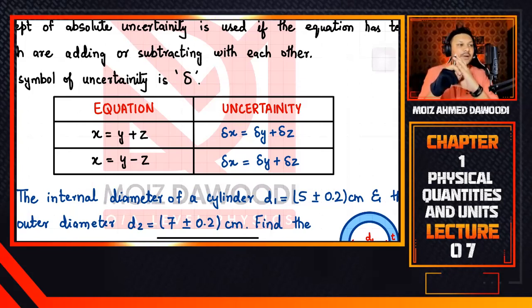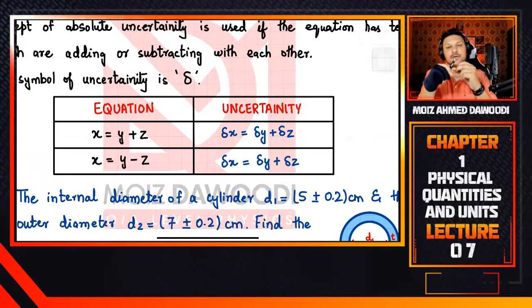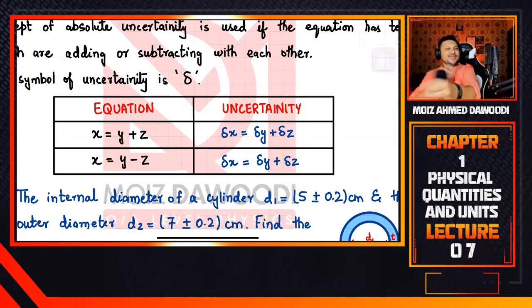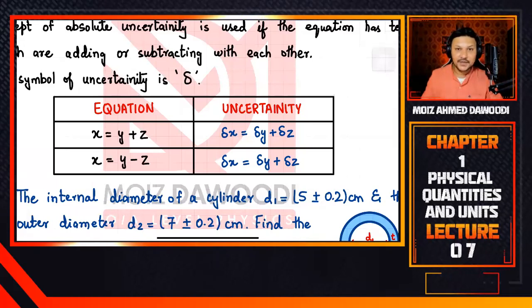Okay, so no matter what, whenever you talk about uncertainties, they are always added. Write it down somewhere in the notebook. Write it on the wall somewhere, okay? Write it on your hand somewhere. Uncertainties of any kind are always added. Whether your equation has plus or minus or multiply or divide, you have to add each and every uncertainty.